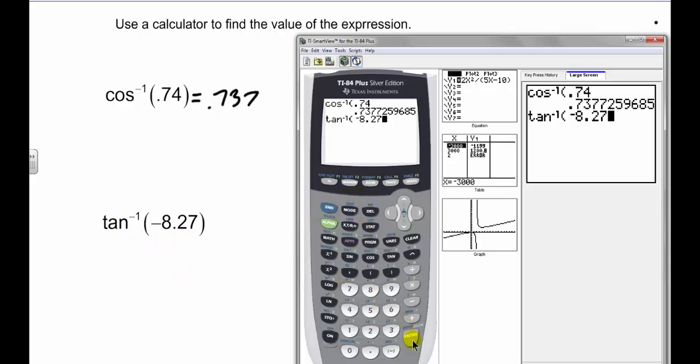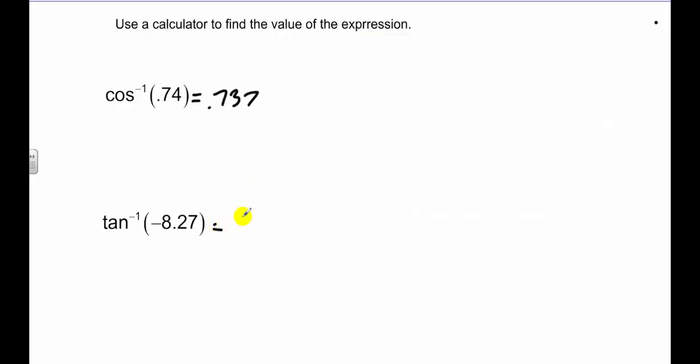So when I hit enter, you'll notice I get a negative 1.4. Now, you'll notice we're taking the inverse tangent of a negative number, and we just got done saying that for sine, that would be undefined. But if we look at tangent, we know tangent has an undefined range. So we can always find what angle gives us a very large tangent.